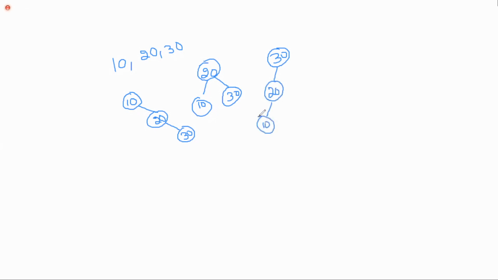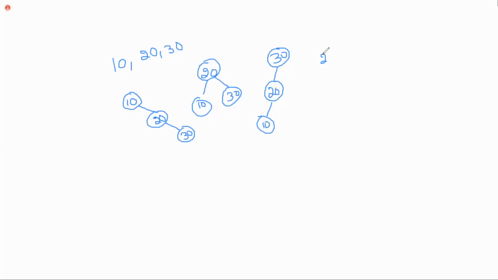Now, is there any other possibility to construct it? Another way of constructing this. For example, here we are having three binary search trees. I can construct like this: 10, 20, 30.